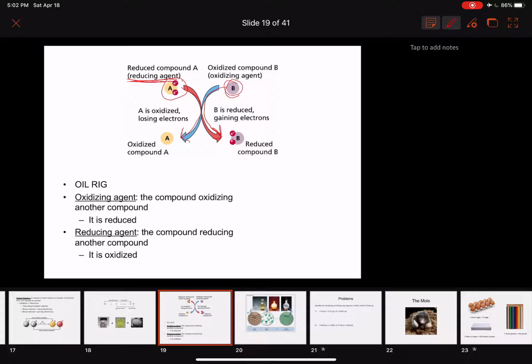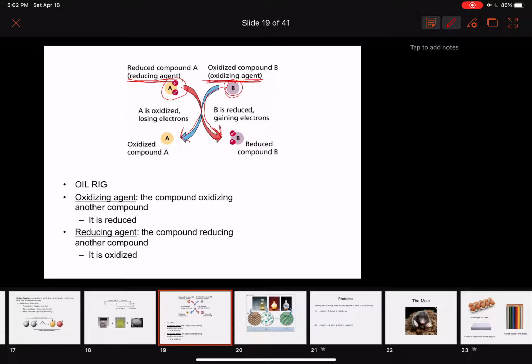So that number went down. But because it is being reduced and it's stealing electrons from somebody else, it means that it is oxidizing somebody else. So that means it's the oxidizing agent. So if you yourself are being reduced, you're oxidizing somebody else, so you're the oxidizing agent.